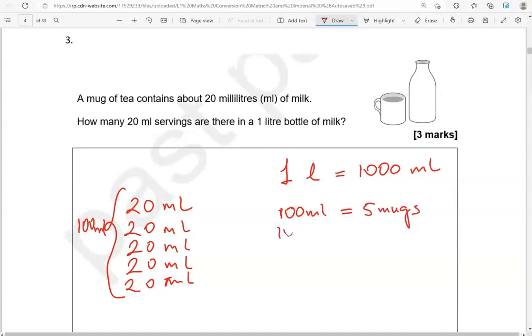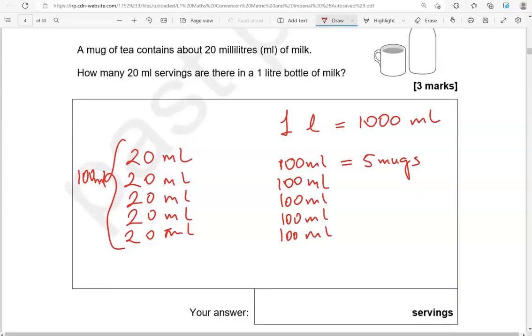And you can imagine 10 of these will make 1,000. So we've got 1, 2, 3, 4, 5, 6, 7, 8, 9, 10.